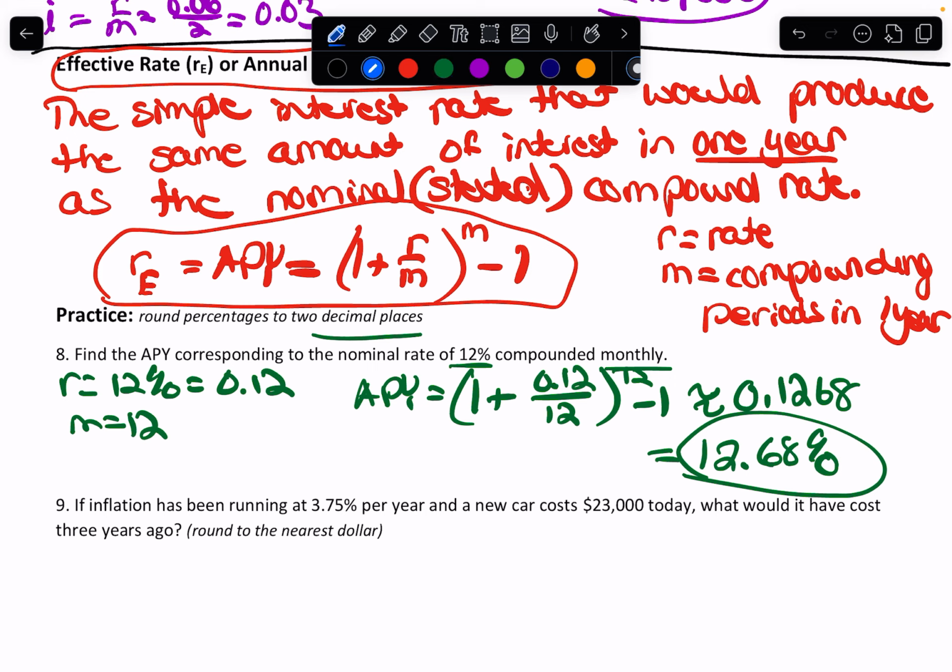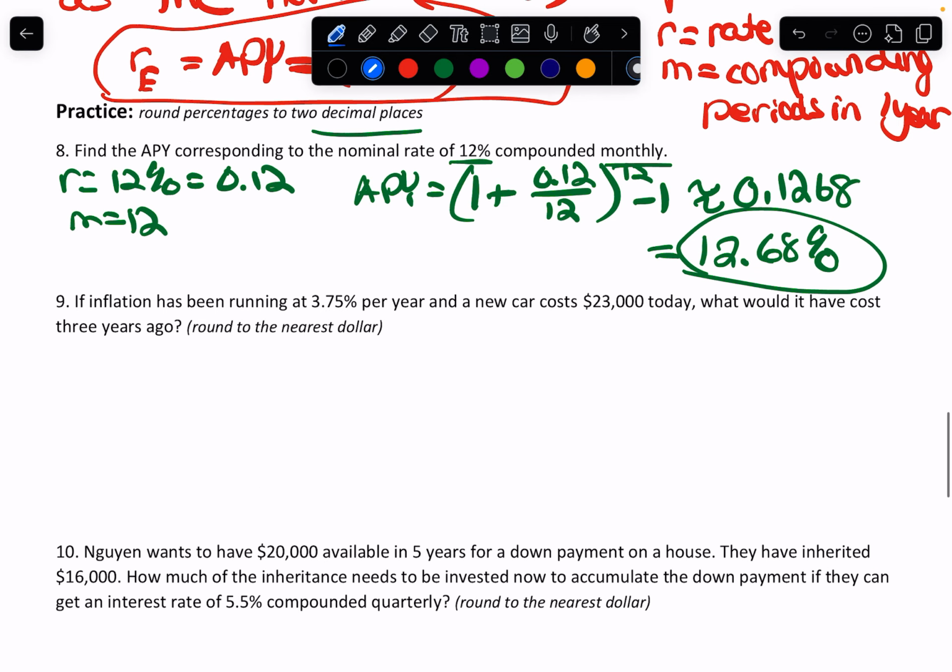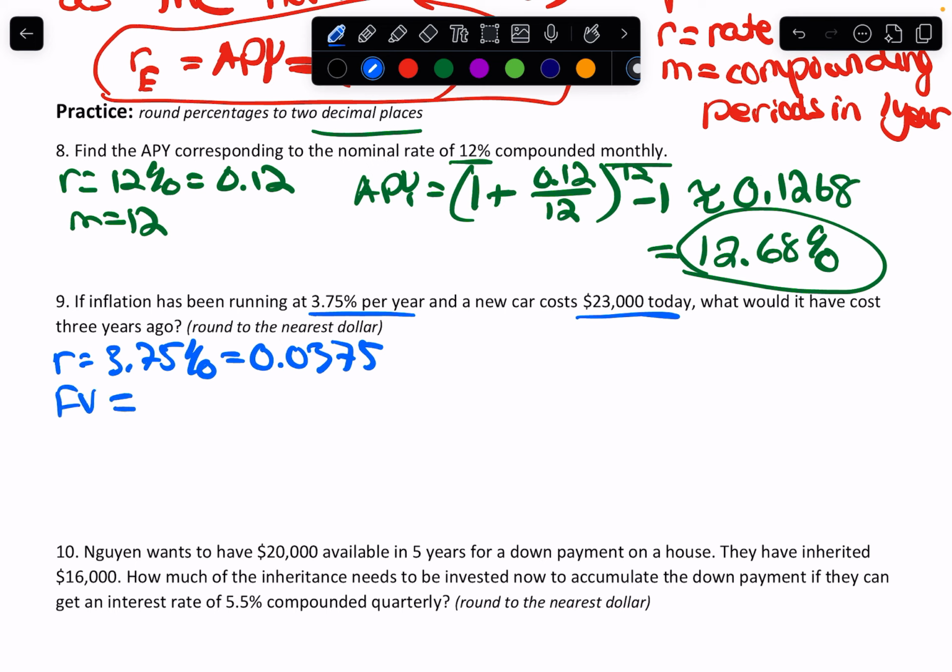Okay, next example. If inflation has been running at 3.75% per year, and a new car costs $23,000 today, so that is our future value. Because what it says is what would it have cost 3 years ago?